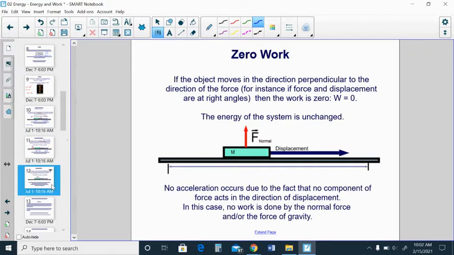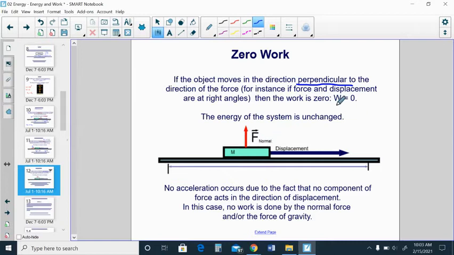Now you can also have zero work being done. So that's if the object moves in a direction perpendicular to the direction of the force. So we could say that the force and displacement are at right angles here. There is no force being applied in the parallel direction of displacement. So displacement in this case is horizontal, but the force is vertical.